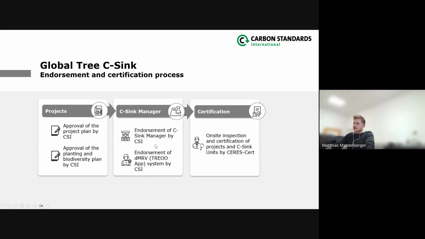Later on, we have the endorsement of the sink manager by Carbon Standards and the endorsement of the DMRV system, for TREEO, the TREEO app. In the end, we have the certification and on-site inspection by a certification body. Most of the time, this is covered by Ceres Cert.